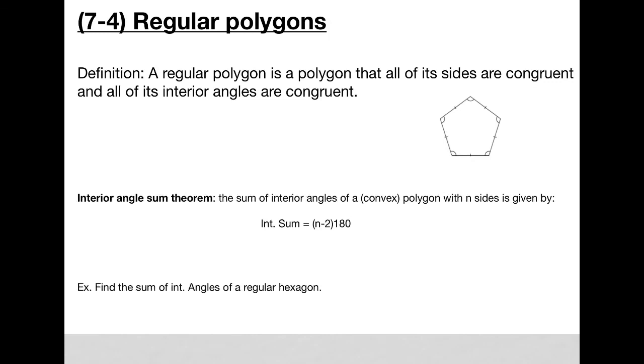For example, if you take a look at this polygon over here, you see that the sides are congruent. Look, all the sides have the same measure, and even all the interior angles are the same size. This is an interior angle here, it's one of them. This is another one. This one, and this one. They're all congruent. So this polygon is a regular polygon.